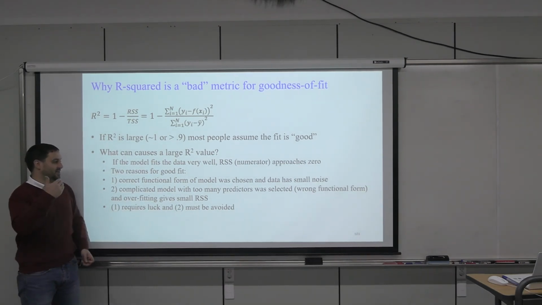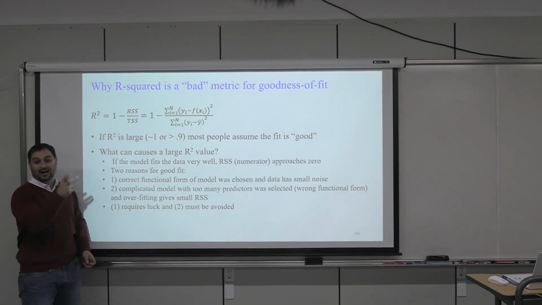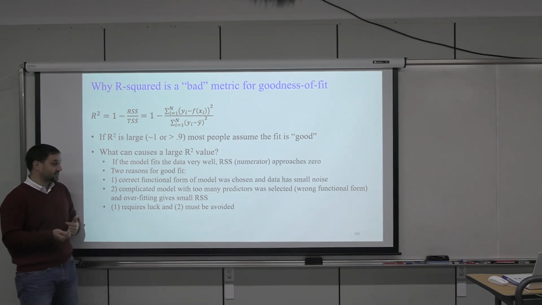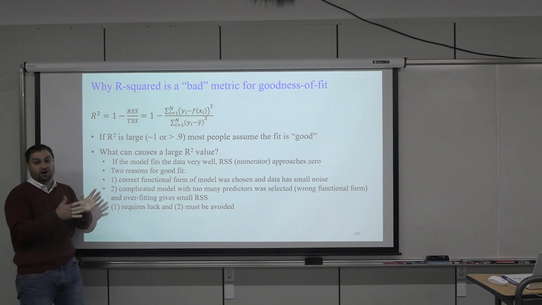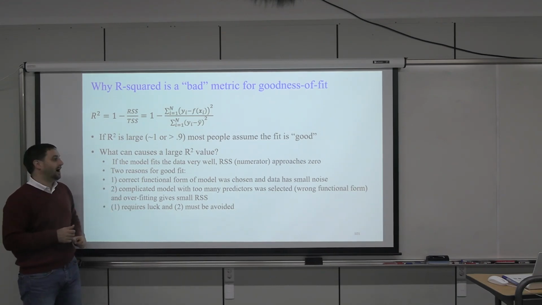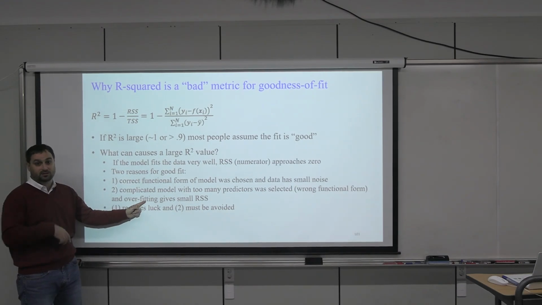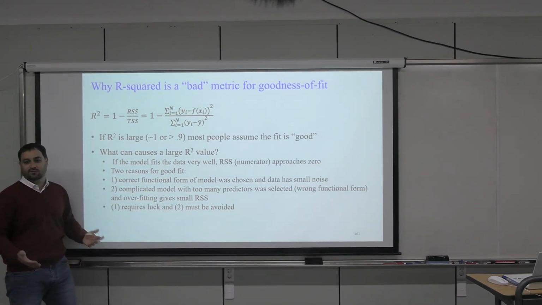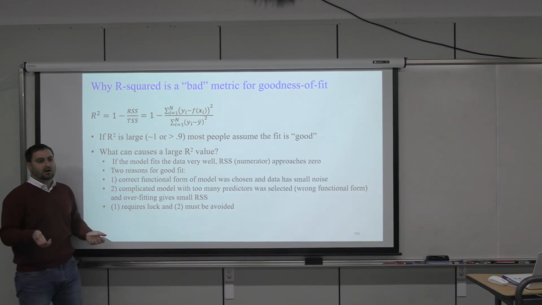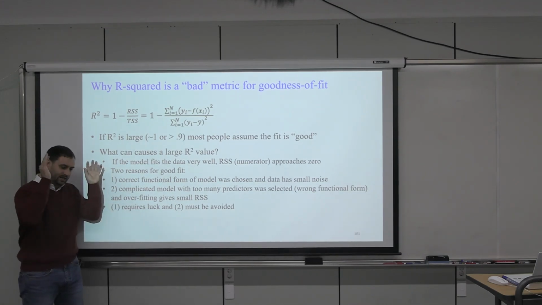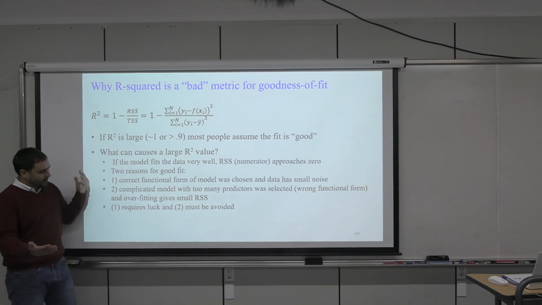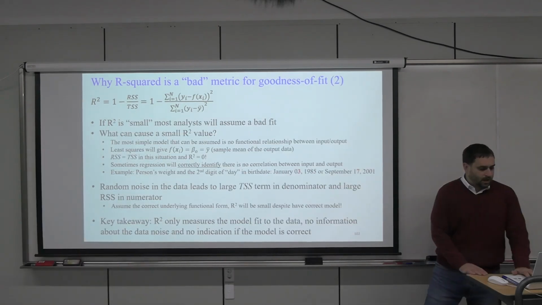You have to either guess lucky or be lucky enough to have a priori knowledge of the physics, and your experiment has very small noise. And then of course, overfitting is terrible. I think we saw that in some of the residual analysis. We have to avoid overfitting because an overfit model is not just worthless, it will destroy your analysis. So 1 requires luck, 2 must be avoided.